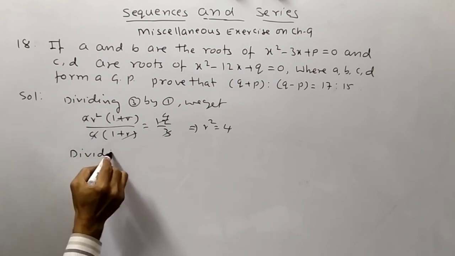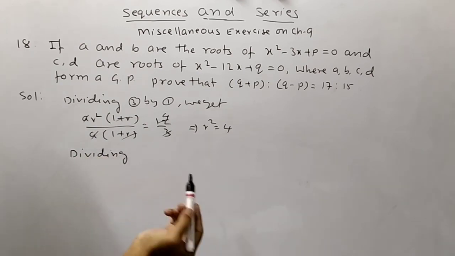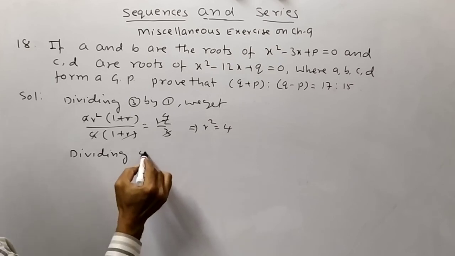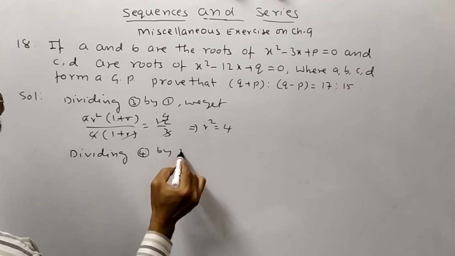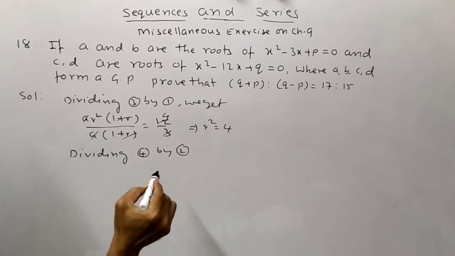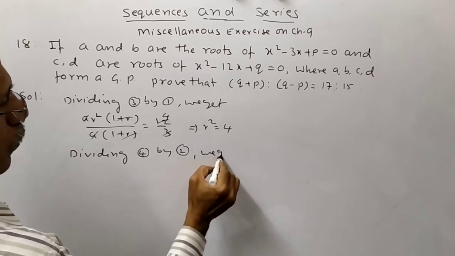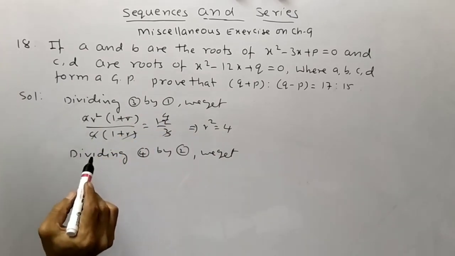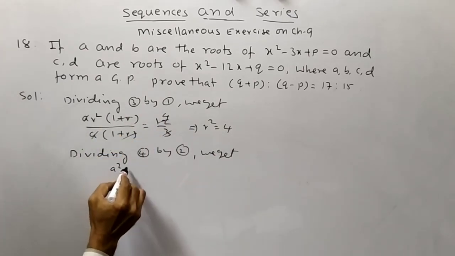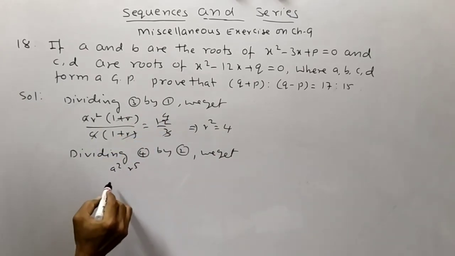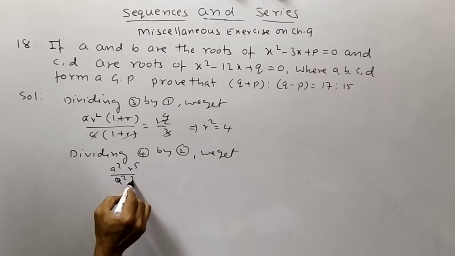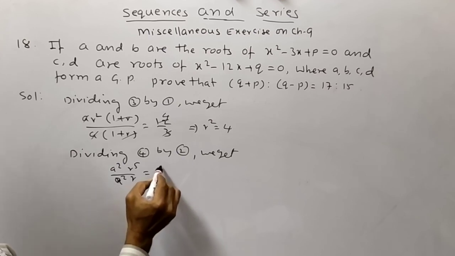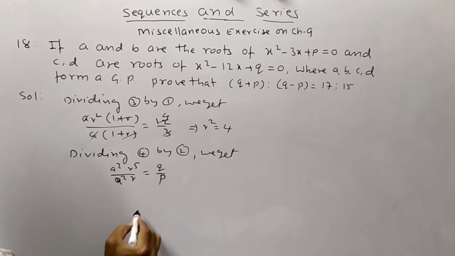Dividing 4 by 2, we get A square R raised to the power 5 divided by A square R is equal to q by p.